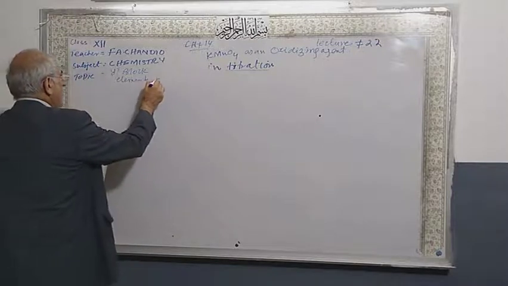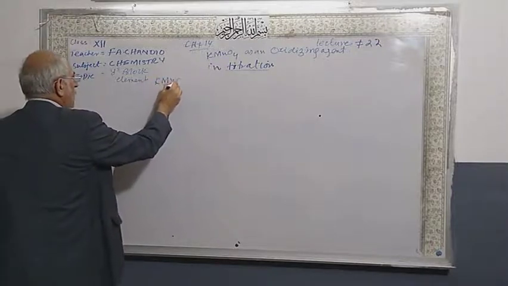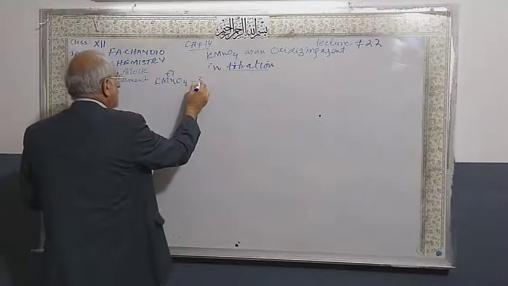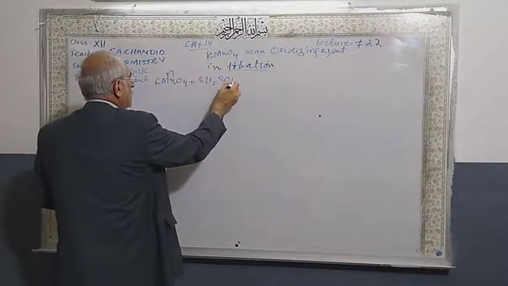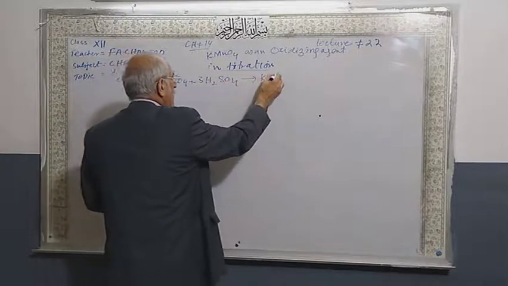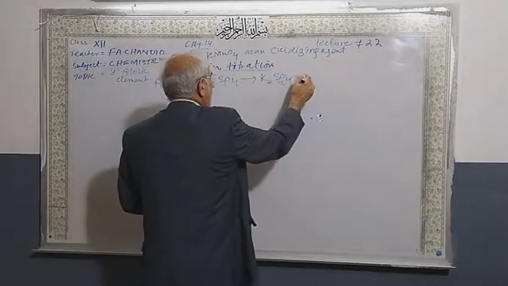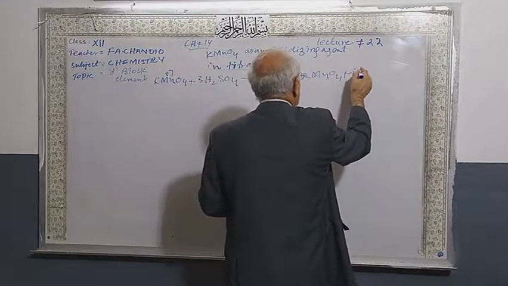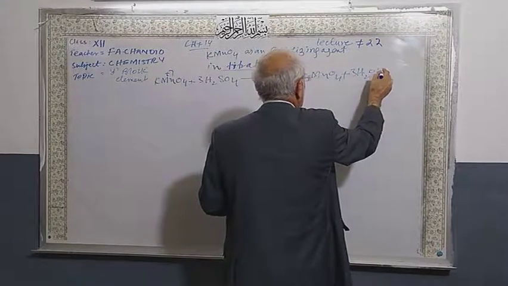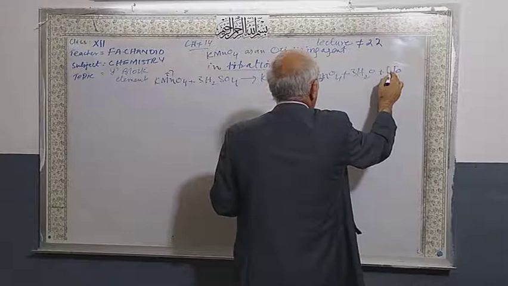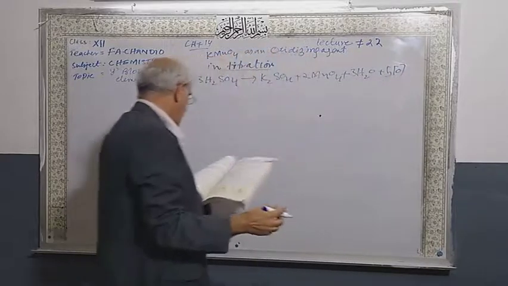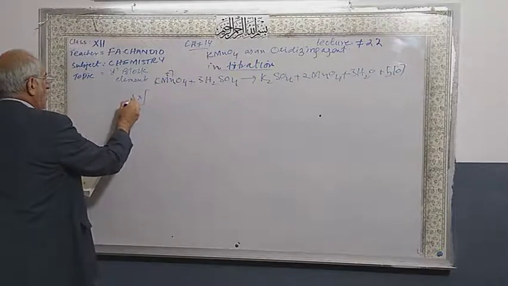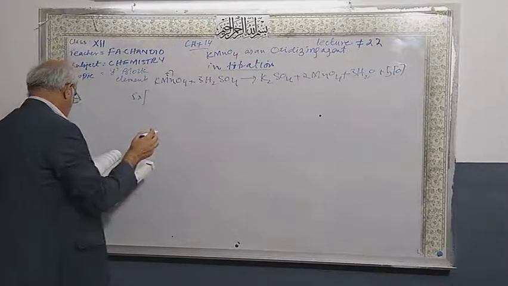First reaction: potassium permanganate (+7) plus 3 sulfuric acid gives potassium sulfate, manganese sulfate plus 3 water molecules, and 5 nascent oxygen. It is multiplied by 5 because 5 oxygens are there.